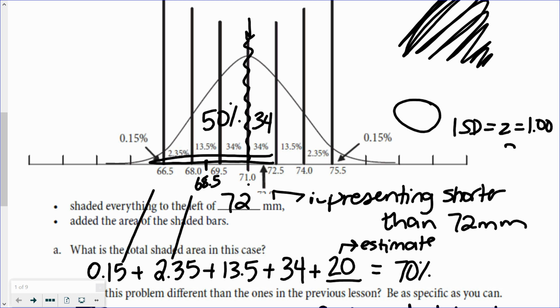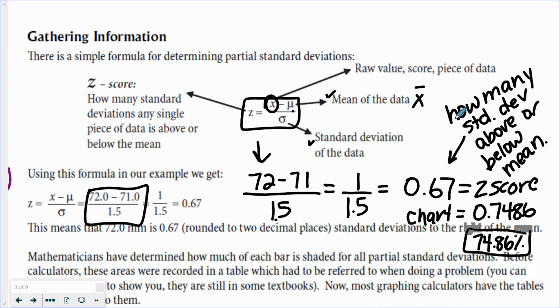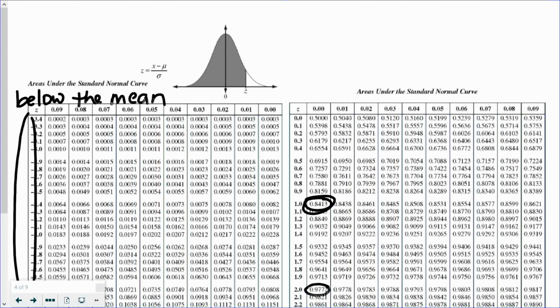So that's equal to 84%. And now if I flip forward again, you see a z-score of 1.00 represents 84.13% of the data. So it's a little more precise than I give you as your 68, 95, 99.7 rule.